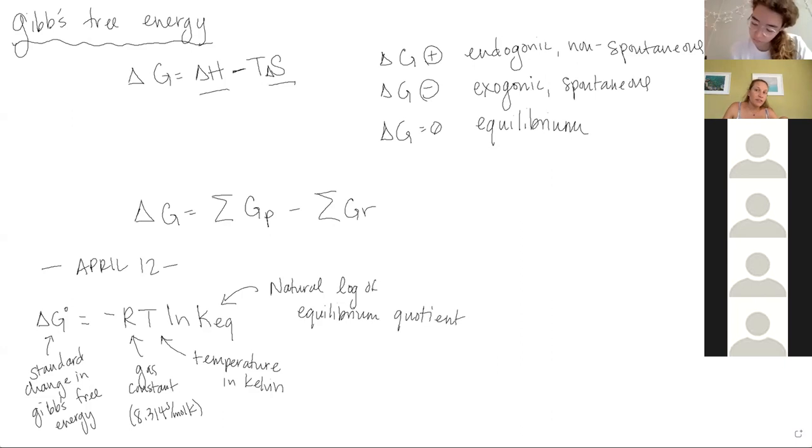I'm thinking you've probably seen this in chemistry, even though it might have been a while. But if you were to rearrange this equation to isolate for just your equilibrium quotient, KEQ, then we would have e to the negative delta G standard over RT.